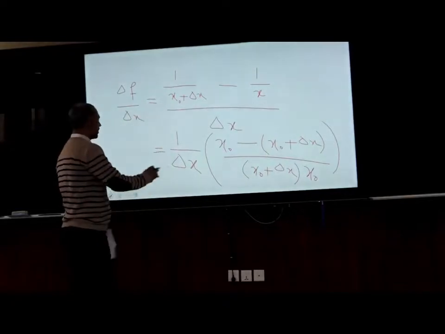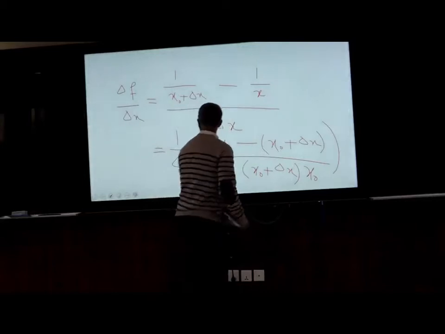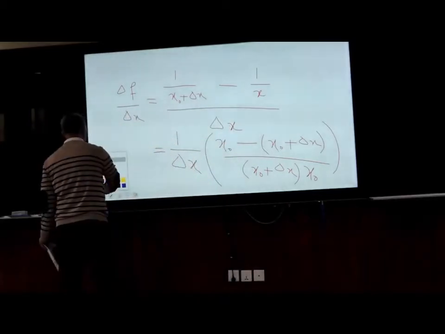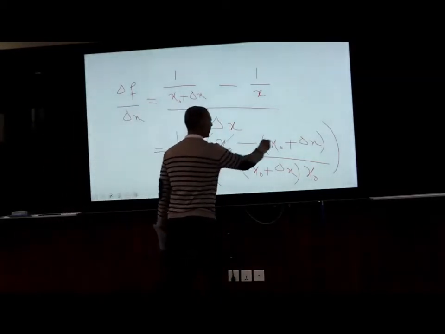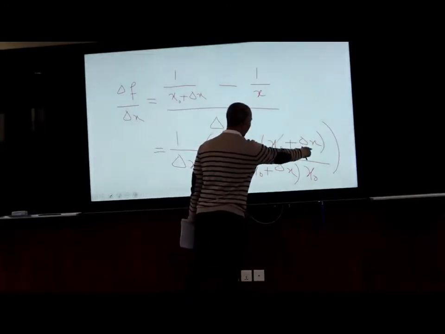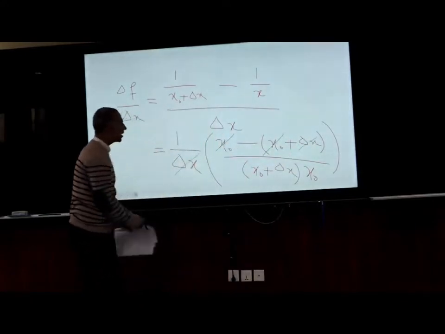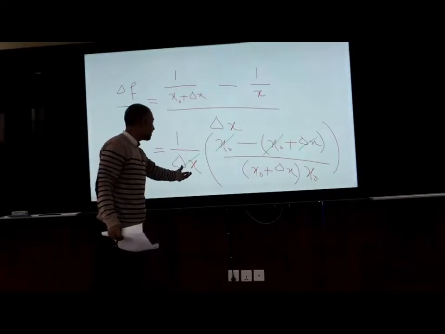So here see, this negative x naught will be cancelled out with this positive x naught, and in the remaining we will get delta x. The numerator delta x will be cancelled out with the denominator delta x.